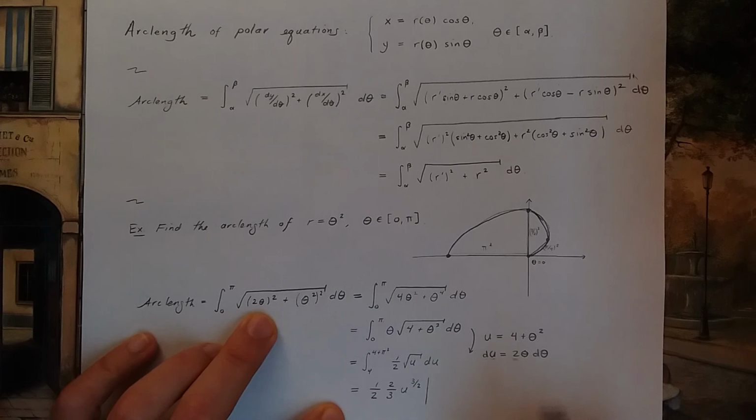And I'm evaluating that at 4 and 4 plus pi squared. So if you'd like the final numerical answer, I think I get 1/3 times 4 plus pi squared to the 3/2 power minus 1/3 times 4 to the 3/2 power. That's the length of this polar curve. All right, great.